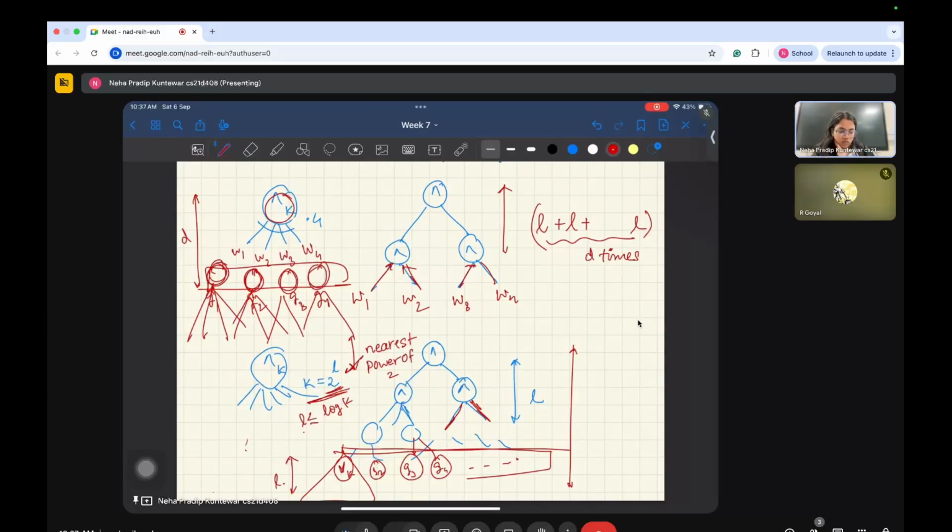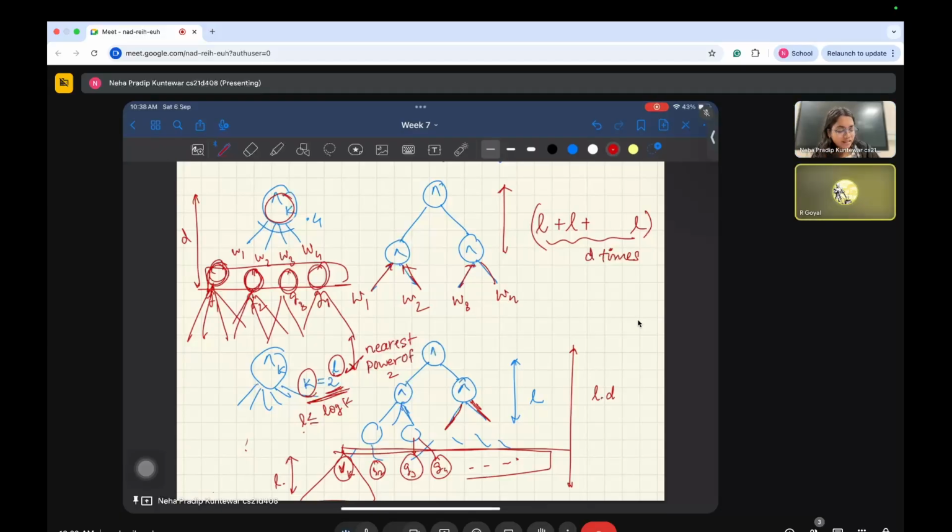Okay, and this part is fine, that every time we are adding to the height by L, so at the end it will become L times D. And if K were a constant, it could be a very large constant, say it is 100, but it is still given as a constant, that all the gates have a fan-in of 100, then this L is also going to be a constant.